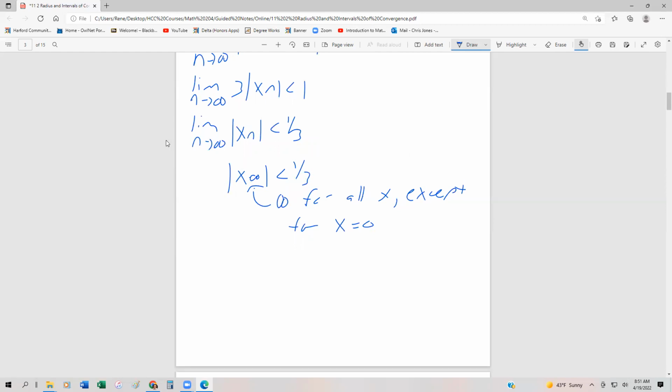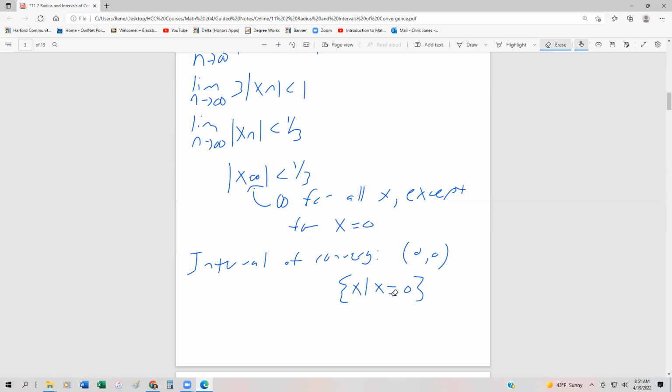So the interval of convergence is going to be from 0 to 0. Or we could just write it in set builder notation: x such that x equals 0. Either way you want to do it is fine.